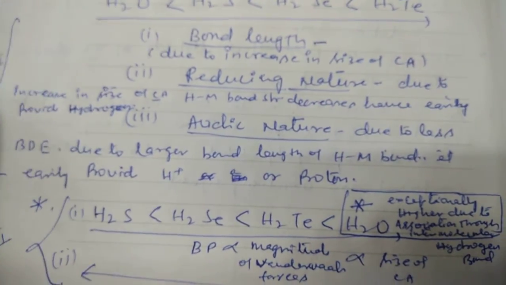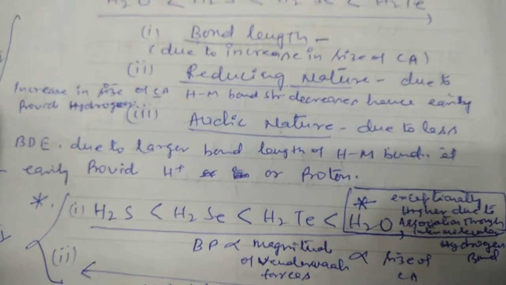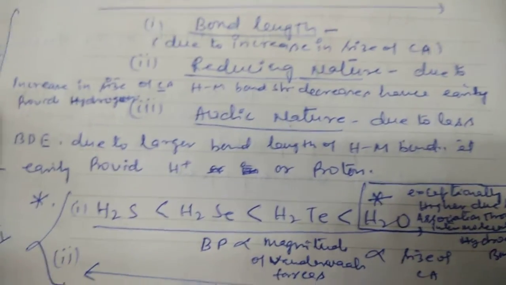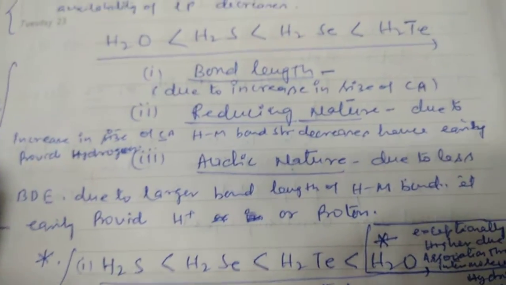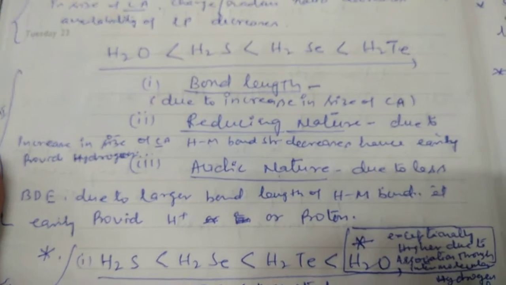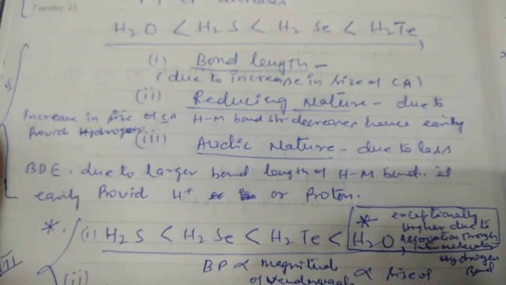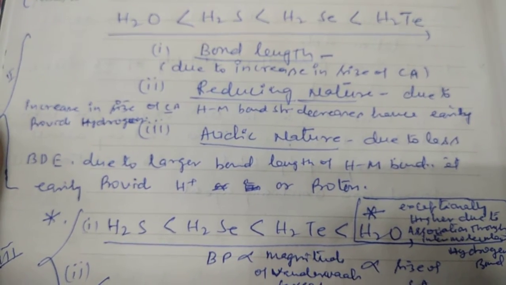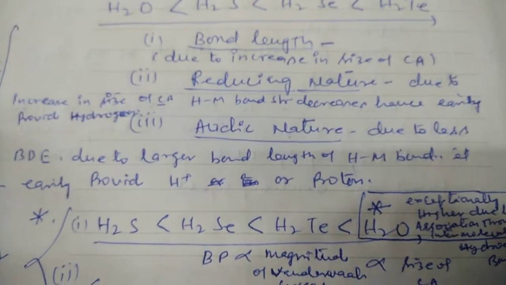Class, next one is the acidic nature. Also the same cause for the acidic nature. Here, in place of H you can say H plus. So all hydrides of group 16 provide H plus on dissolving them in water, which is possible due to the weak bond strength of the H-M bond, where M is the metal.